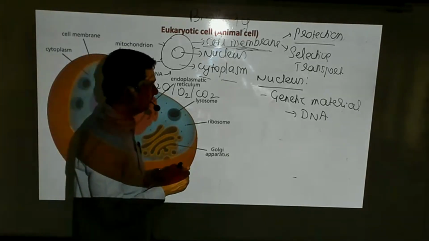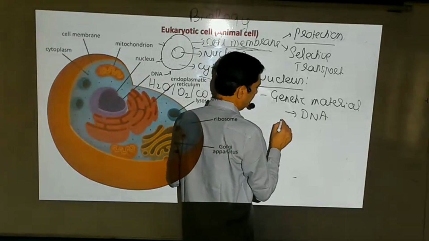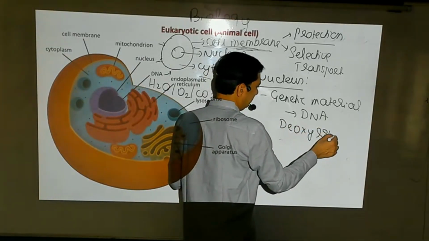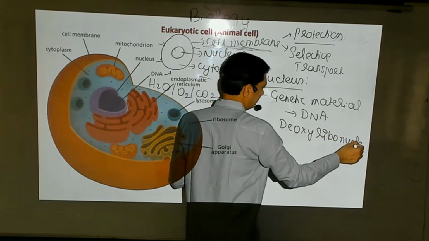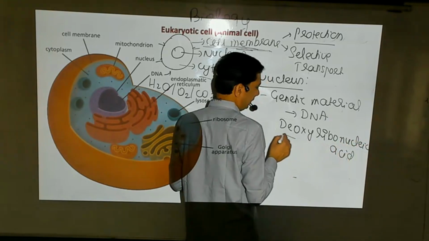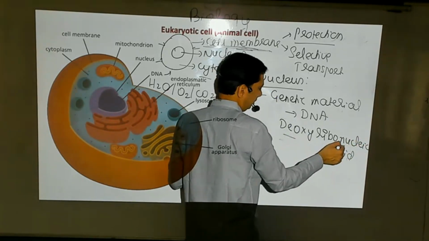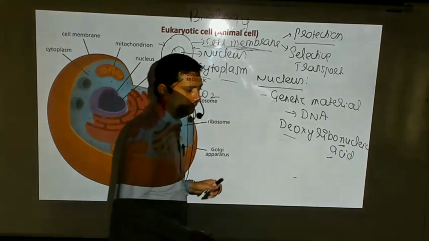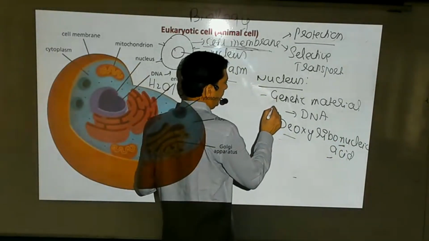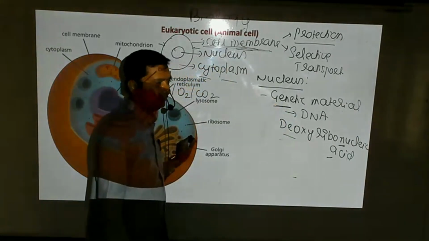What does DNA stand for? Deoxyribonucleic acid. Okay, DNA, deoxyribonucleic acid. This is a form in which our genetic material is present.